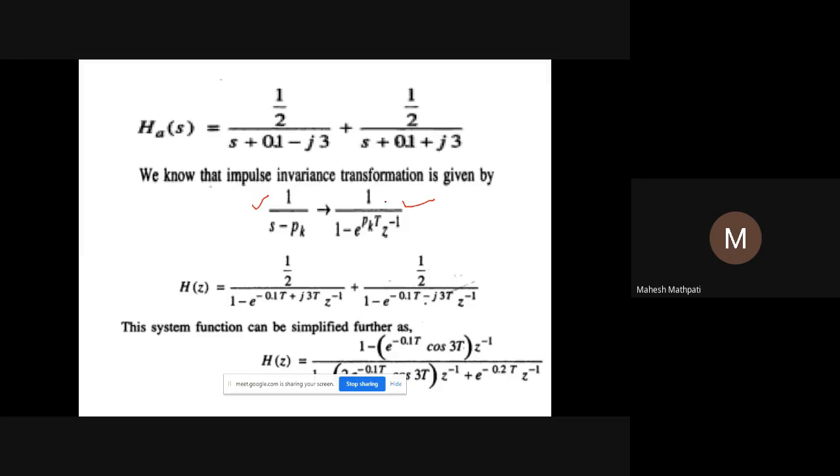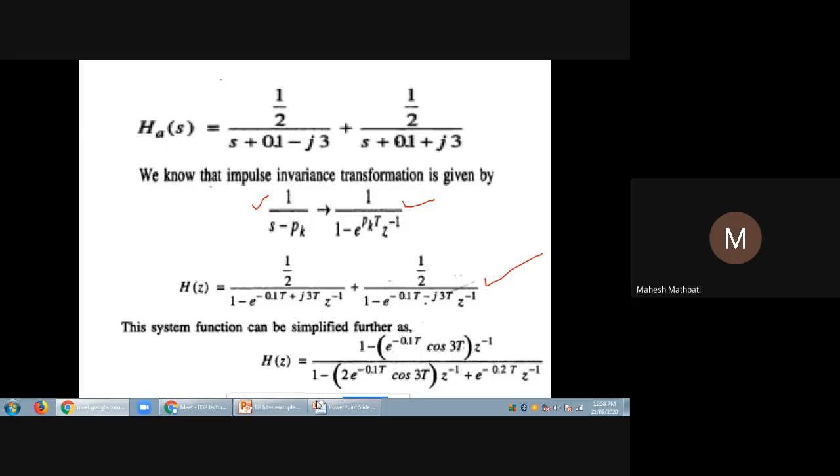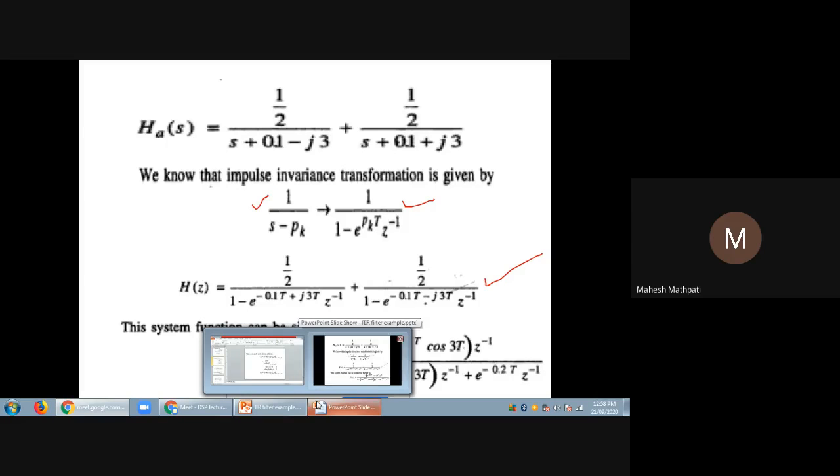So अभी यहाँ पे we are writing 1 divided by 1 minus, if p1 you are taking, so what is p1 here? That is minus 0.1 plus j3, so e power (minus 0.1 T plus j3T) z inverse, plus 1/2 of 1 minus e power (minus 0.1 T minus j3T) z inverse, where p2 is minus 0.1 minus j3. This is how we have converted the term into the digital form.